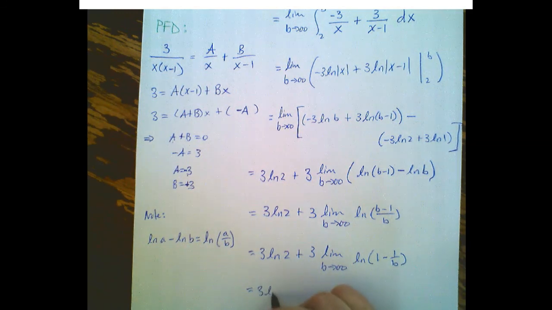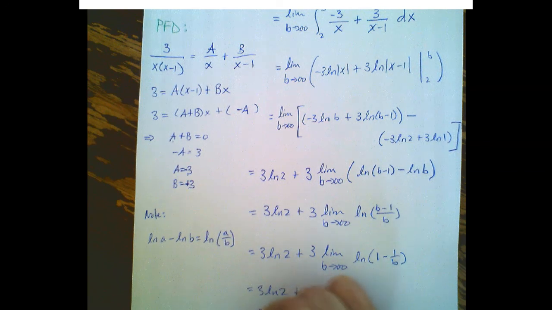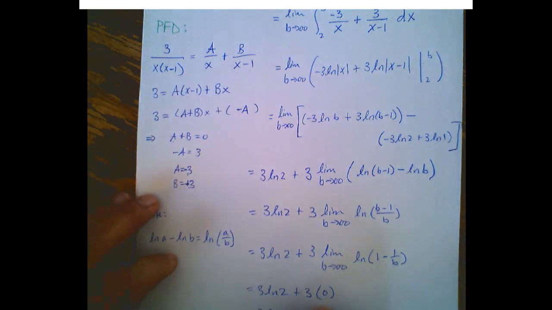So we have 3 natural log of 2 plus 3 times whatever this limit is. So as b goes to infinity, what happens? 1 over infinity goes to 0. 1 minus 0 is 1. And what's the natural log of 1? It's 0. So we have 3 natural log of 2, and the integral converges.